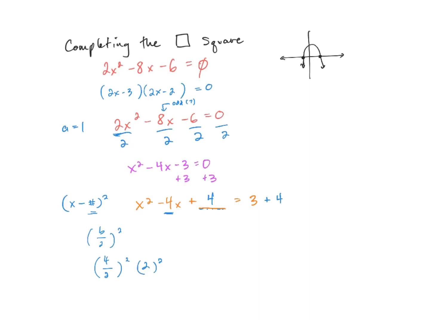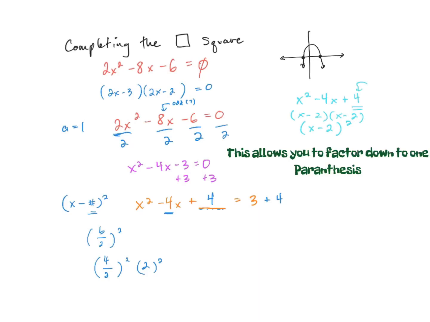Now, if I were to unfoil this, the x squared minus 4x plus 4, since I've created a square here, I could do x minus 2 squared. So I've just unfoiled this, right? If I did x minus 2 times x minus 2, I would get a positive 4 here, and the 2 negative 2x's.